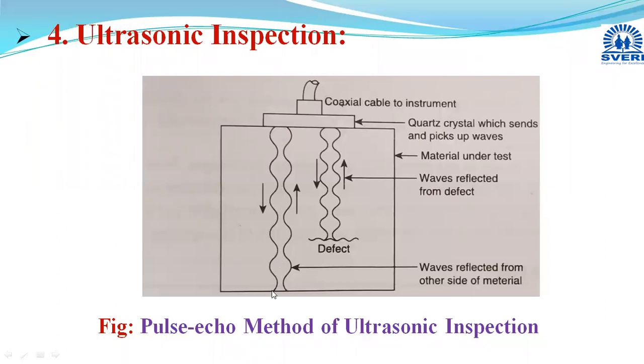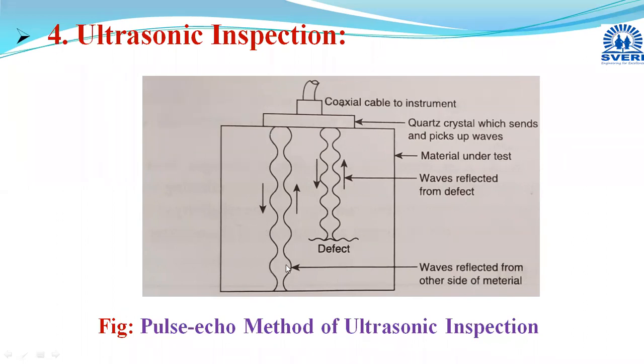At the end, we are keeping one CRO screen, a cathode ray oscilloscope screen, and we are collecting the pattern and simultaneously measuring the time taken by the ultrasonic waves for each wave. Suppose this is the defect free component.